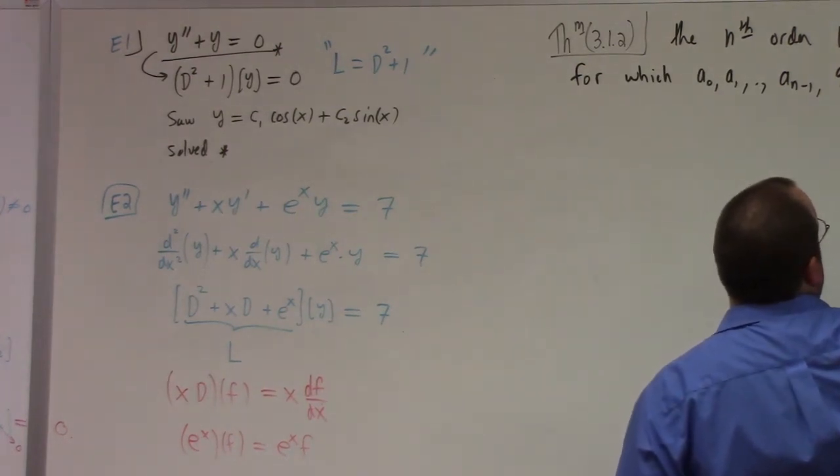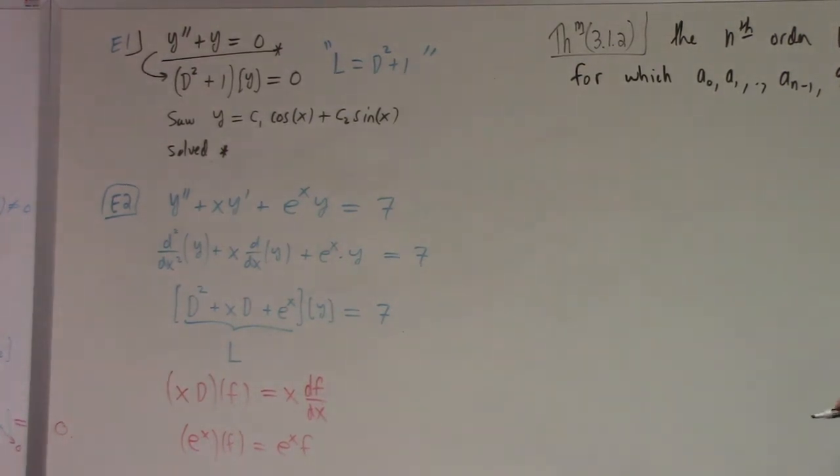What's that mean? If those are all continuous on some interval, so this is a connected subset of real numbers.